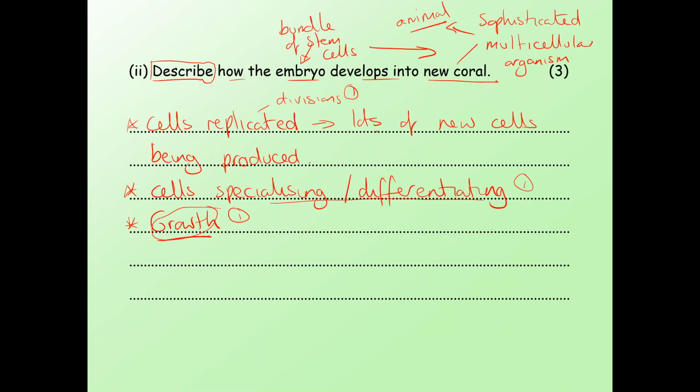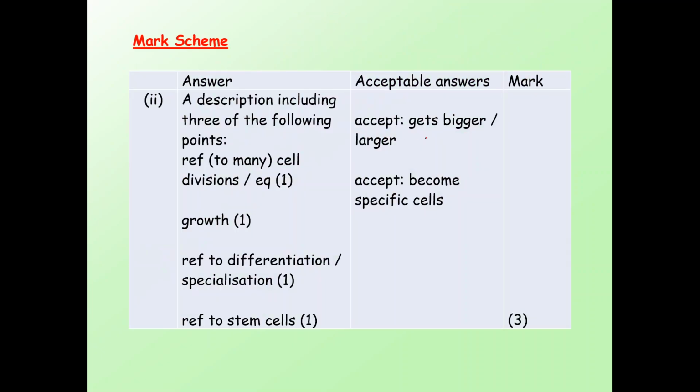And if you discuss the fact that the bundle of cells in the embryo were stem cells, you've also got a mark there. Okay, so you can, instead of saying growing, say it gets bigger or larger, that would have been acceptable. And accepting the cells become specific rather than using these key terms, that also would have been fine. Okay, thanks for taking part.